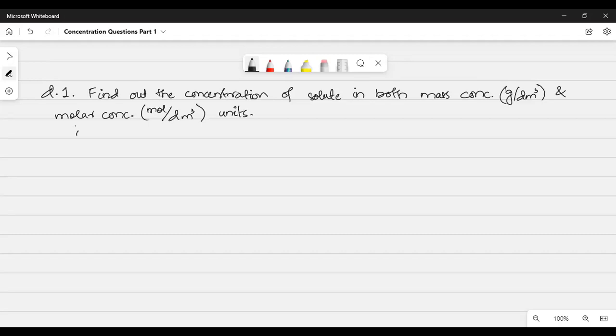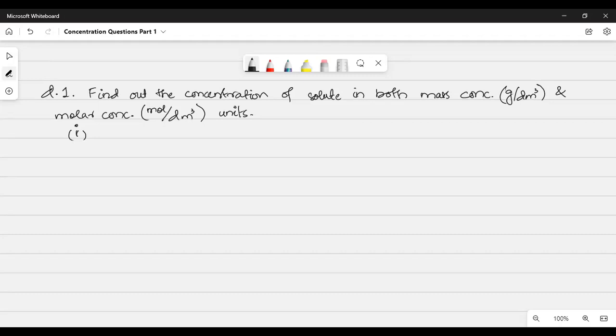So part one, I'm going to put up one part, but a single part has to be converted into mass concentration units and mole concentration units. What am I going to do? I'm simply going to tell you what mass of solute was used and what was the volume of the whole solution. So it would be easier for you to convert it into both units.